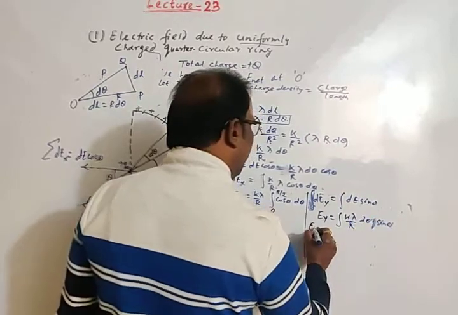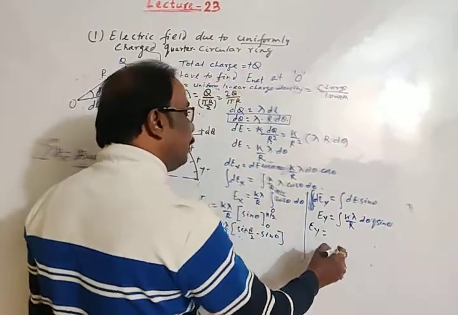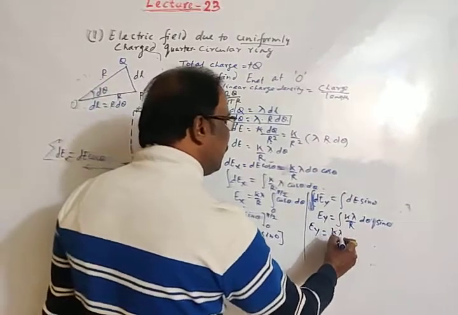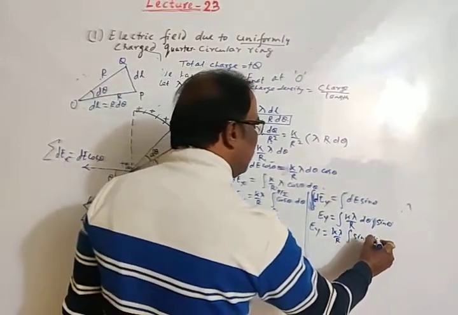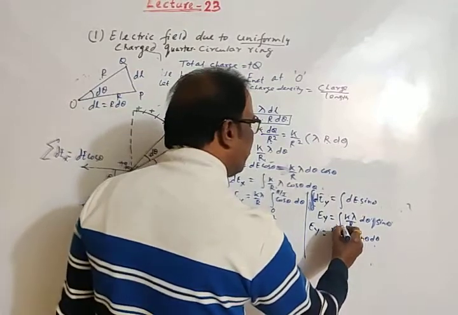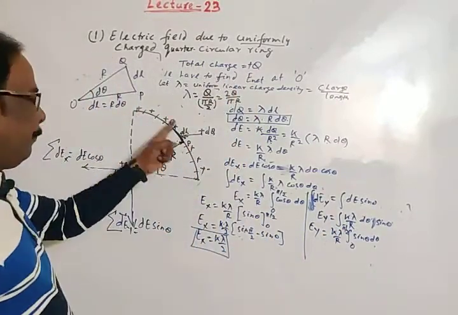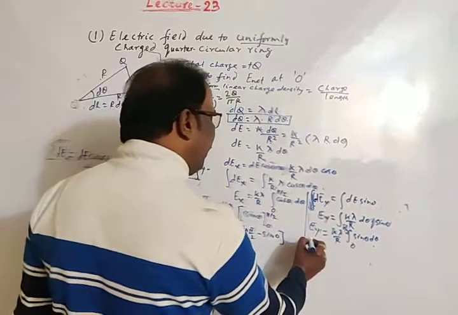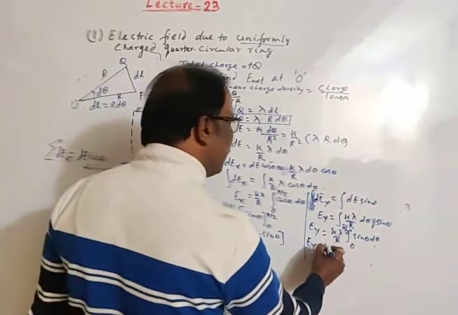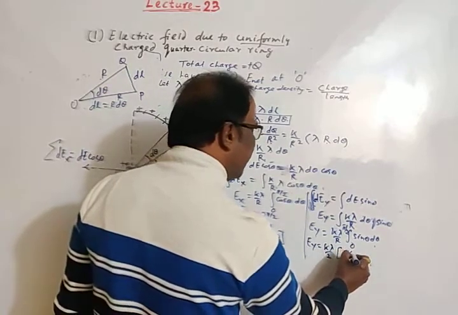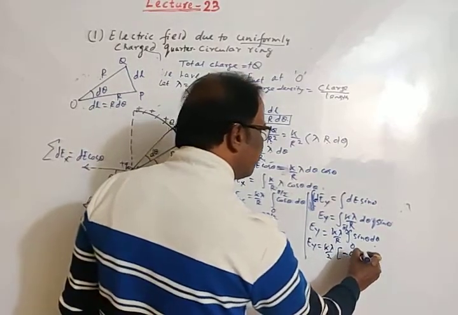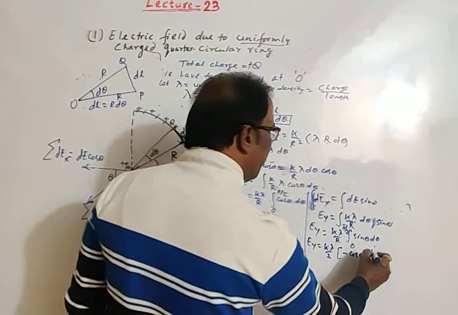Then the component along the y-axis is k lambda by r integration of sin theta d theta, the limit varying from 0 to pi by 2, the total angle. Integration of sin theta is minus cos theta, from 0 to pi by 2.